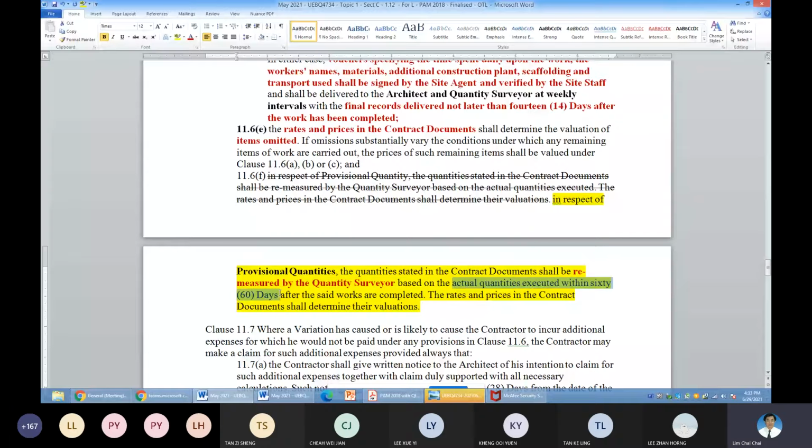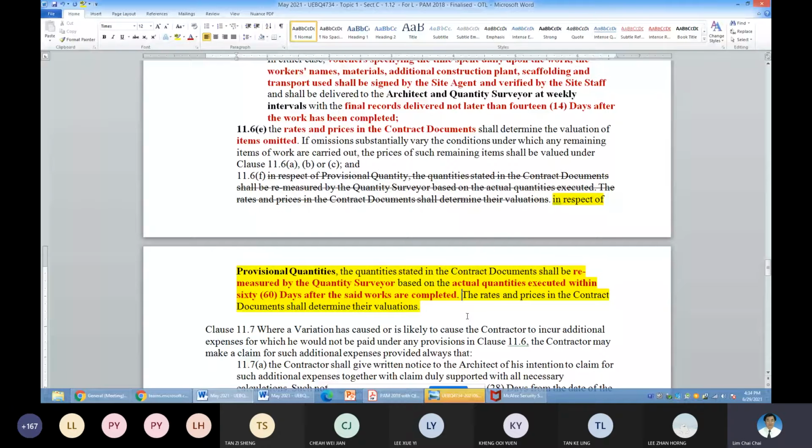So QS must get it done. Do you know why this is so? It is because previously, under PAM 2006, without the 60 days, QS would sit in the office, although the work is completed, still not wanting to pay the contractor. And the contractor cannot do anything.